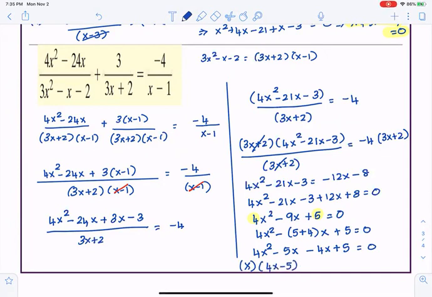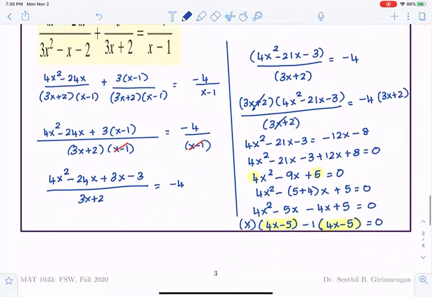From the last two terms, I could pull a negative 1 out. So I'd have 4x minus 5 equals 0. Now I have 4x minus 5 in common. So if I pull that out, I have 4x minus 5 multiplied by x minus 1 equals 0.